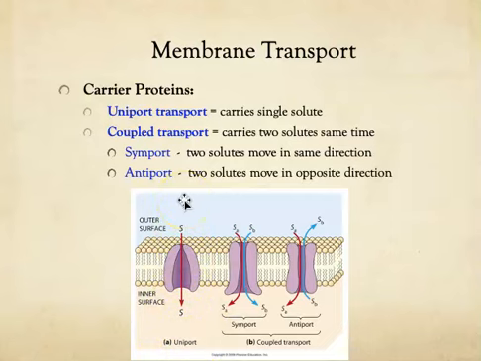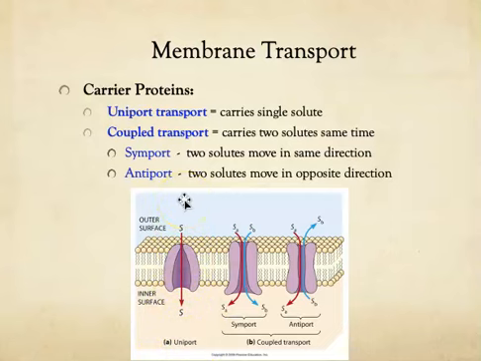Now compare that to what we would call a coupled carrier protein. Coupled carrier proteins can carry two solutes at the same time. Now there are two different kinds of coupled carriers. There are symport proteins and there are antiport proteins.